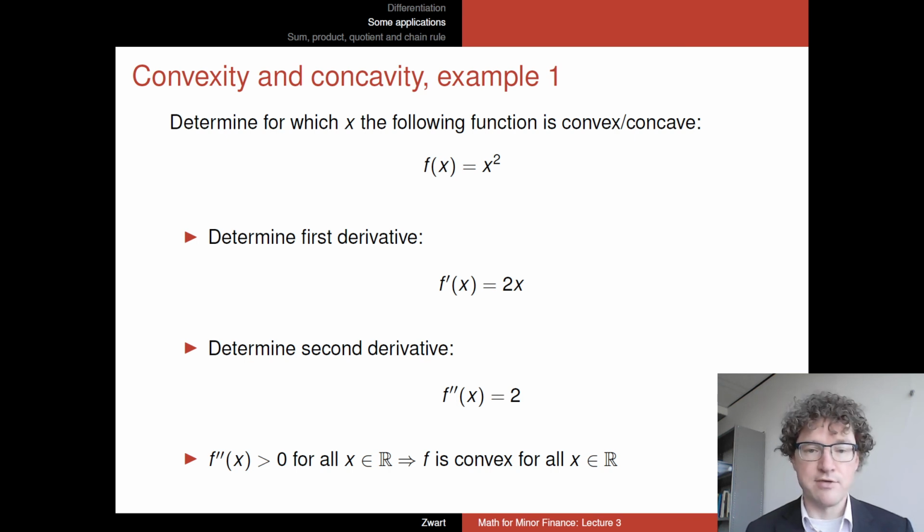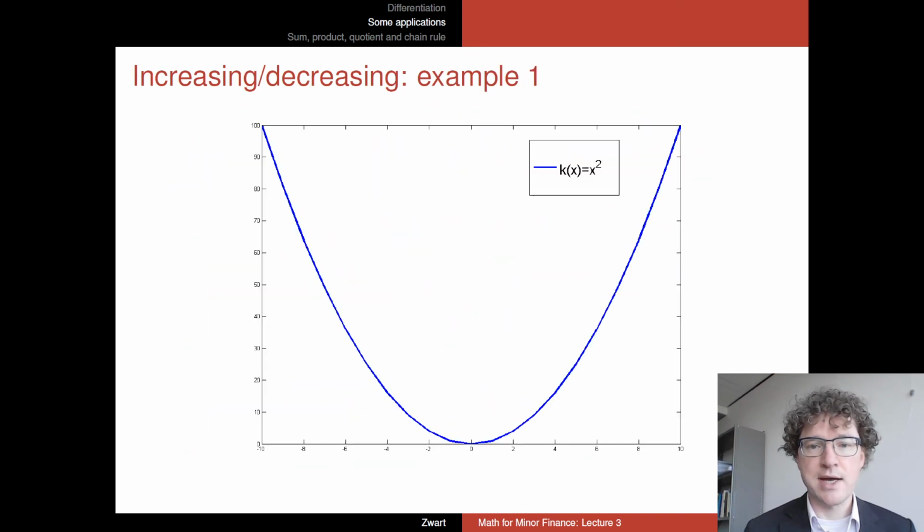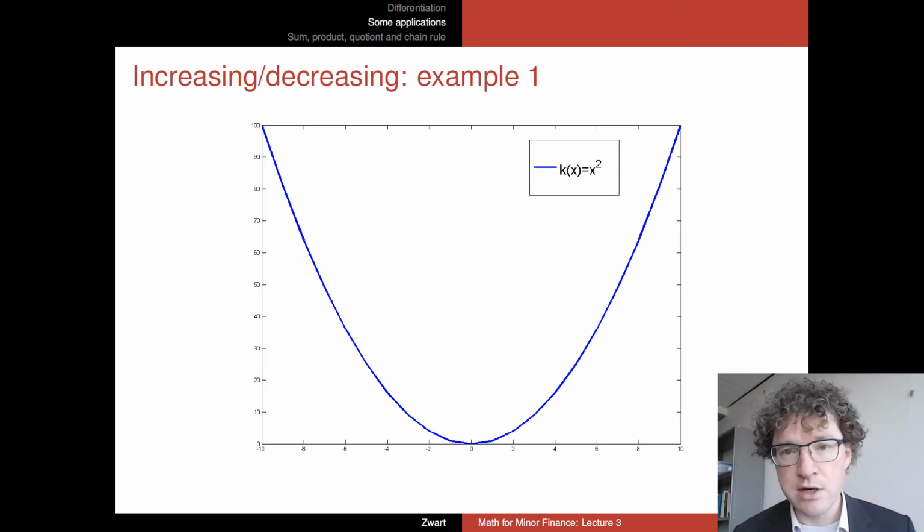So by the definition that we just had, we call this function convex for all x in its domain R. Well, let's actually look at this graph that we had. So we had the graph of x squared over here. And indeed, this has this U shape that we call convex. So this is a typical convex function.